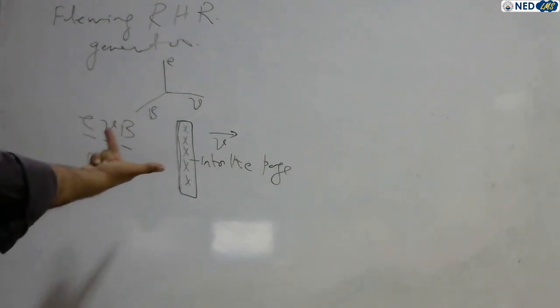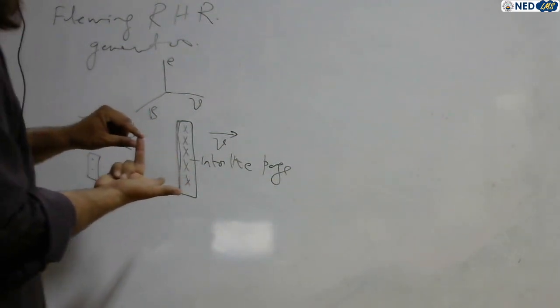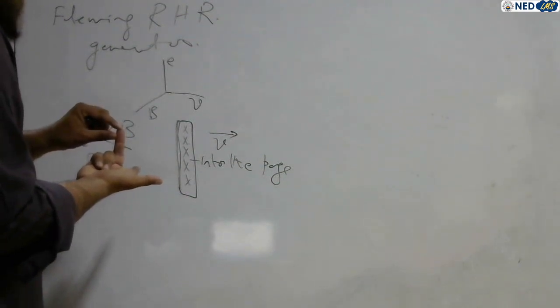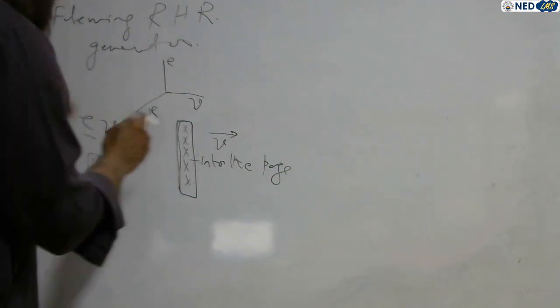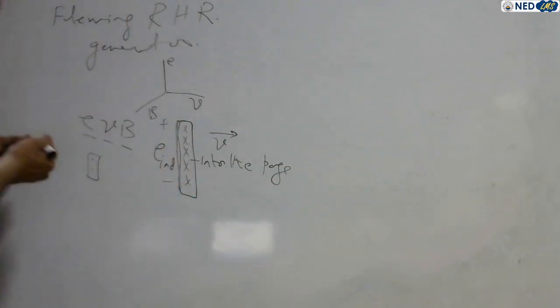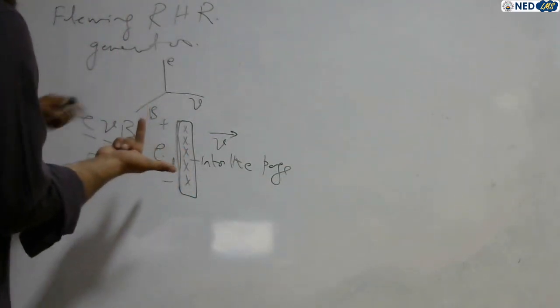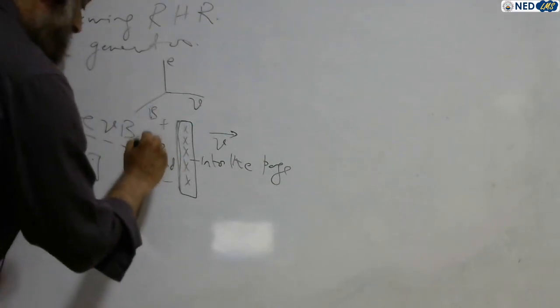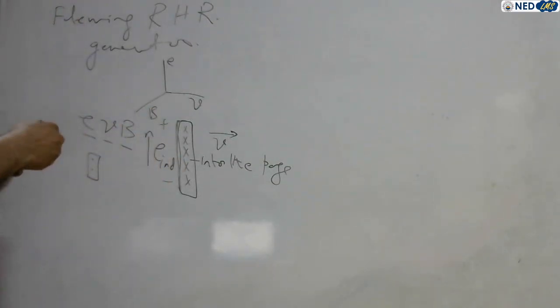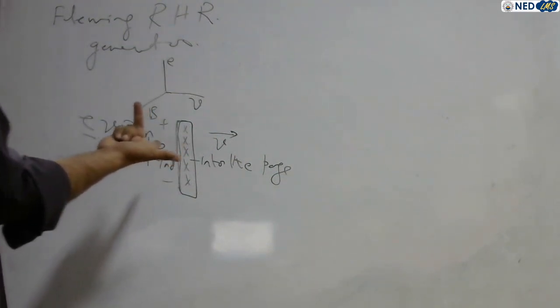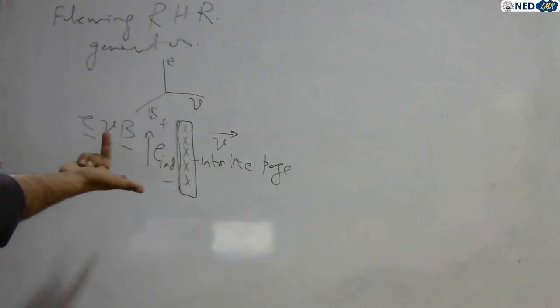So the voltage induced is positive, because your middle finger comes like this. The induced voltage in this conductor, or the current, flows from down to up. So this is the right hand rule.